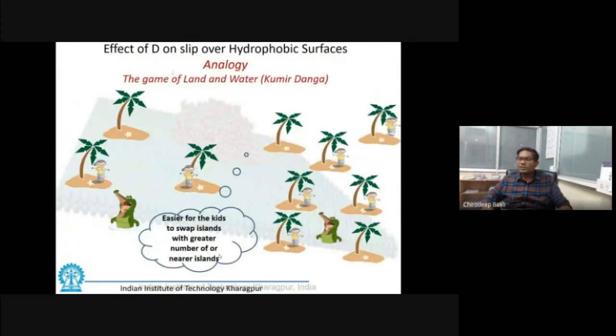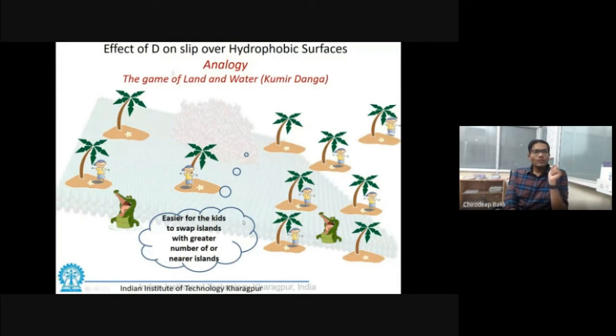In West Bengal, kids play a game called Kumirdanga. I'm running out of time, but allow me 2 minutes to explain the rule of the game. There are certain demarcated zones which are called land, and one of the kids, disguised as a crocodile, stays in the water, and the other kids need to jump from one landmass to another without being caught by the crocodile.